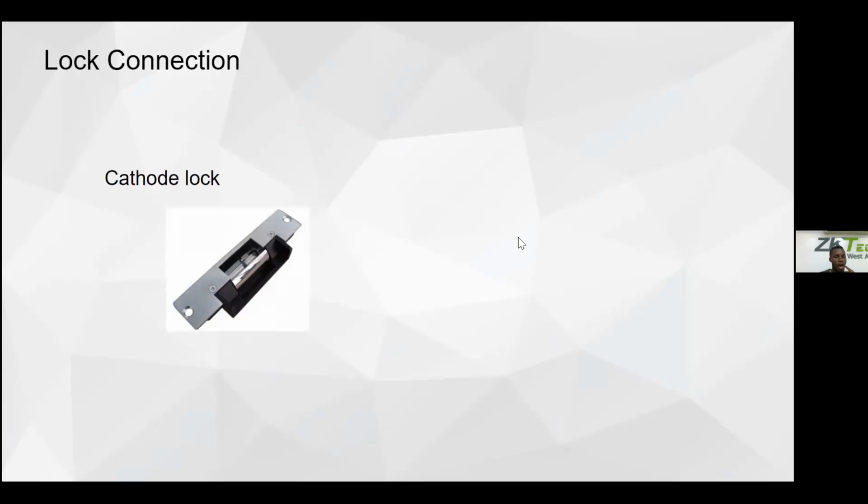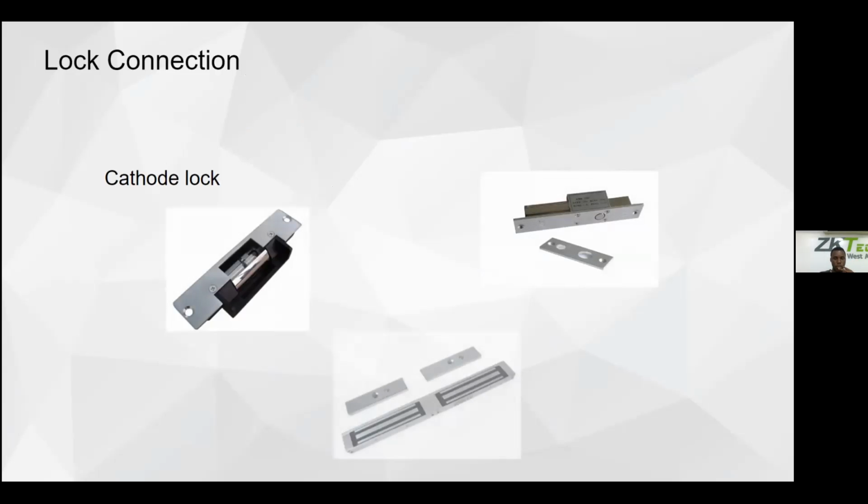So these are examples of the cathode lock. This is an example of a magnet lock, and this is an electric bolt lock. These are our examples. Electromagnetic lock.